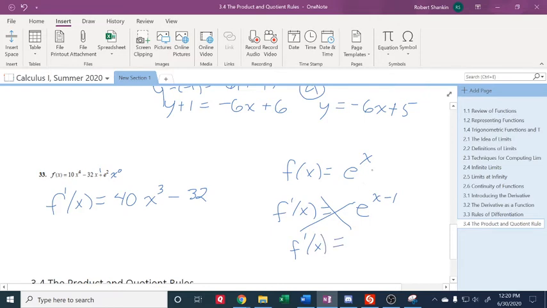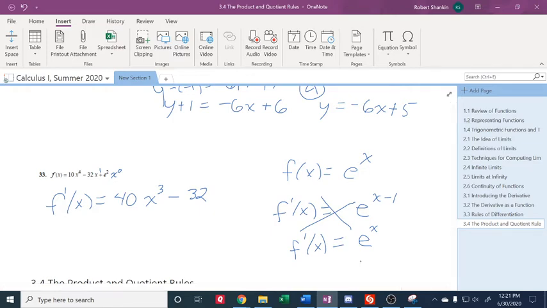But this is the most common mistake made with this, so I'm glad you're bringing this up so we can get this resolved. The derivative of an exponential function e to the x is just exactly itself. And it's very, very different than the power rule.